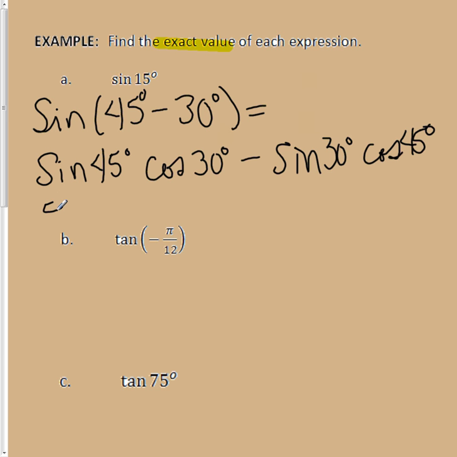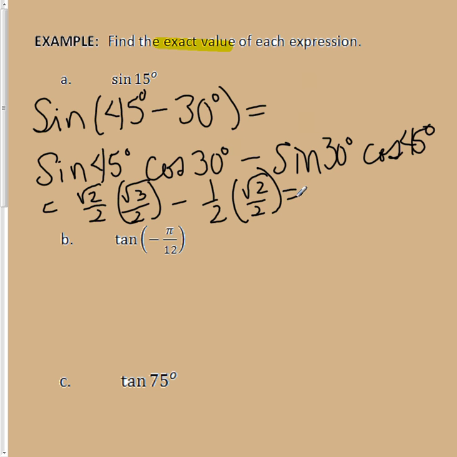Because of the fact that we know the sine of 45 degrees is the square root of 2 over 2, and the cosine of 30 degrees is the square root of 3 over 2, the sine of 30 degrees is 1/2, the cosine of 45 is the square root of 2 over 2, and we multiply and simplify, and we get the square root of 6 minus the square root of 2 all over 4.